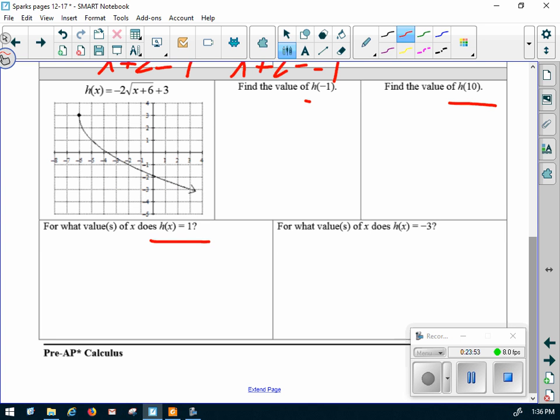What are you finding here? The x values when y equals 1. Let's do this one. We won't do this one. Take that equation, set it equal to 1.